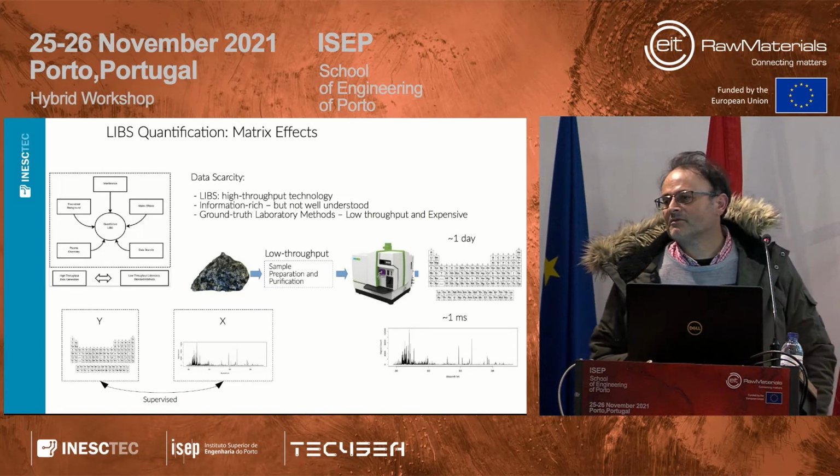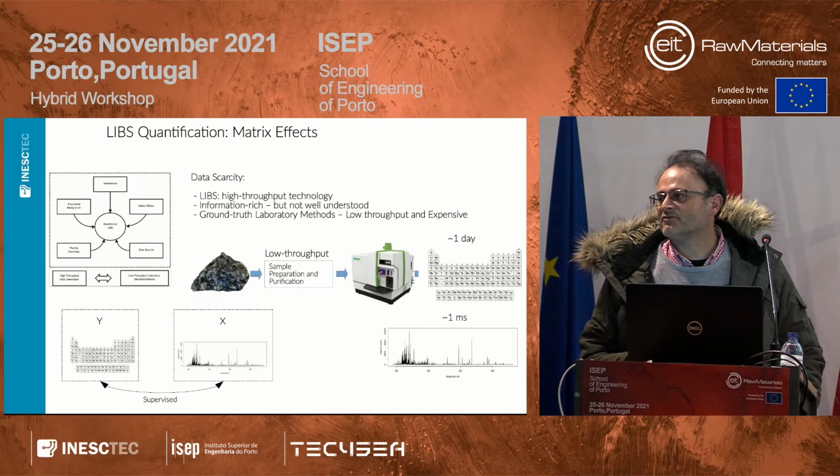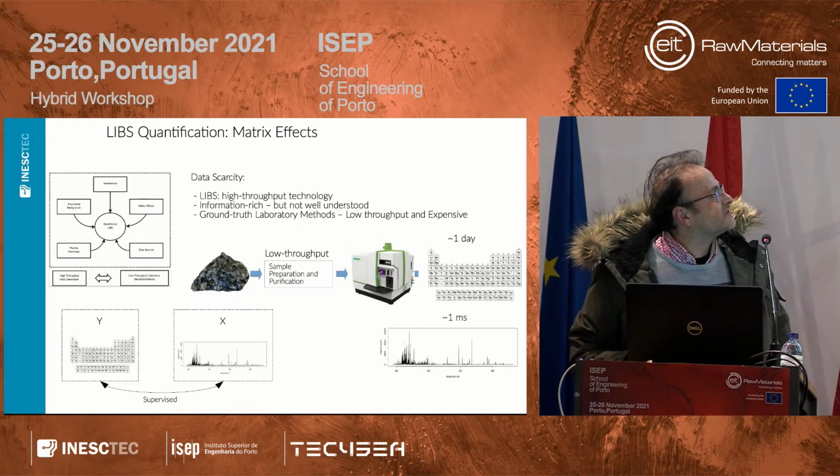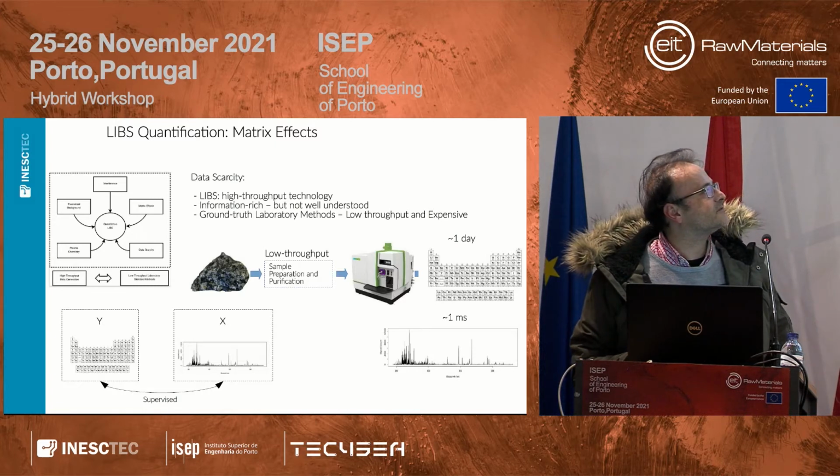And as we need laboratory data to calibrate the LIBS, we have a problem known as data scarcity. And as people that work in machine learning know, you need a significant amount of data to have a data-driven technology working fine. So data scarcity is a big problem for geological LIBS.